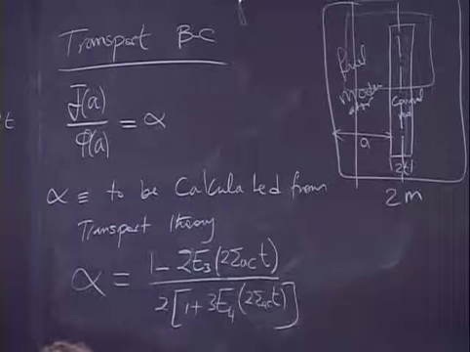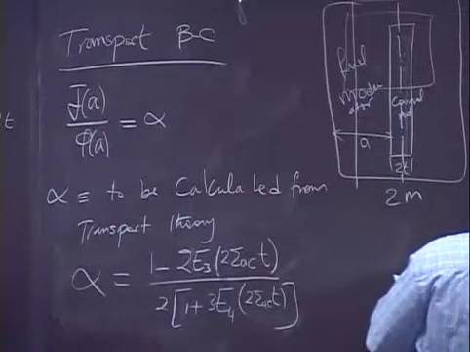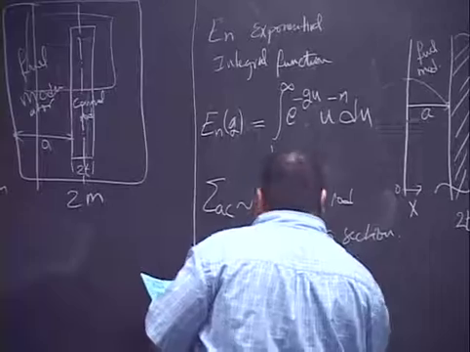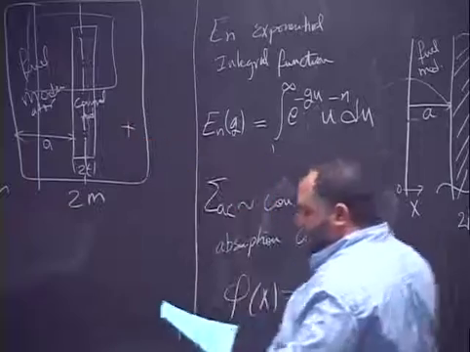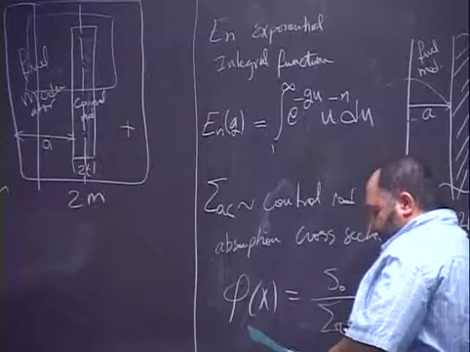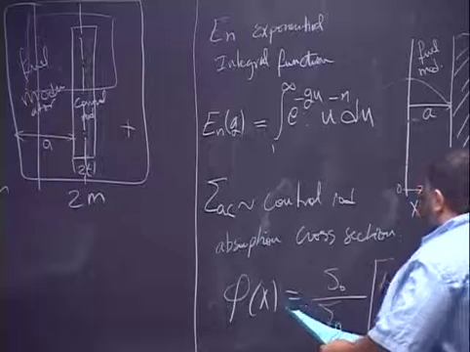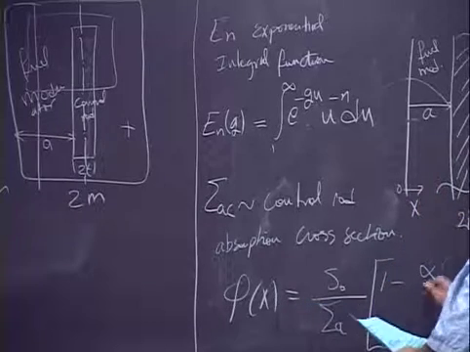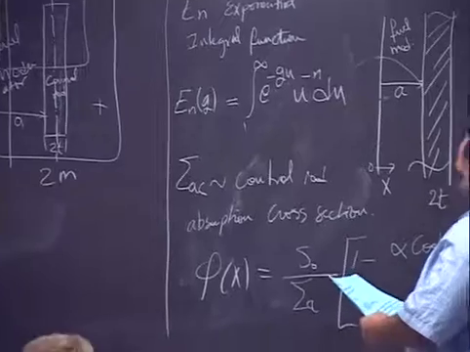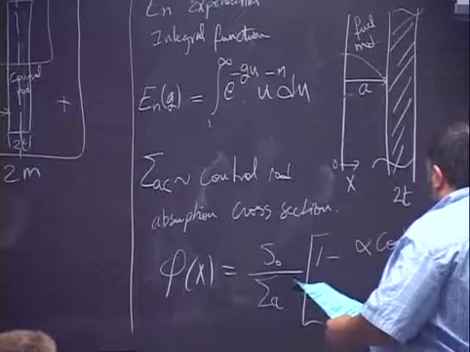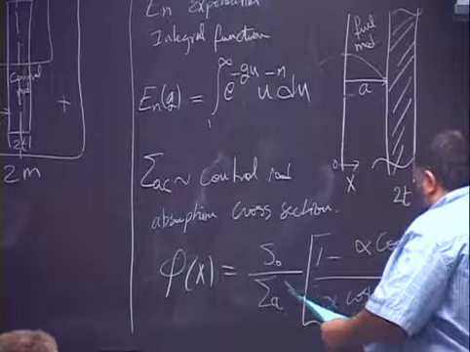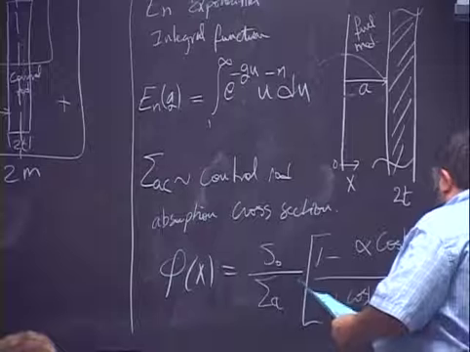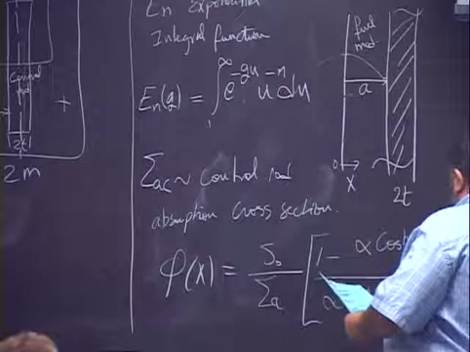You will notice also that the flux will be just given by S naught, which is the source inside the fuel moderator region here, divided by sigma absorption multiplied by 1 minus, this is from the transport calculation, 1 minus alpha cosine x over L divided by alpha cosine A over L plus D over L sinh A over L.